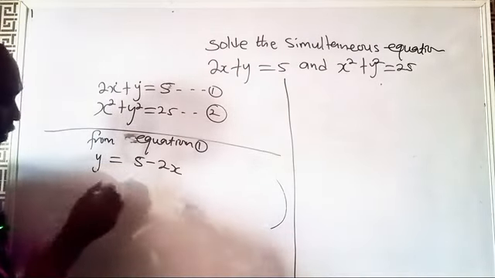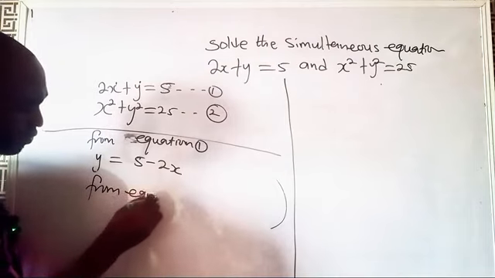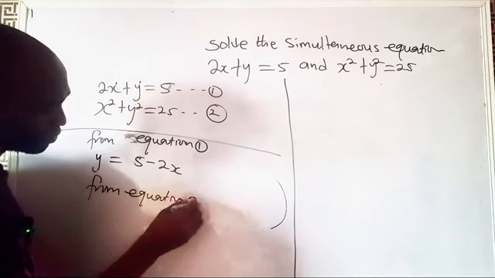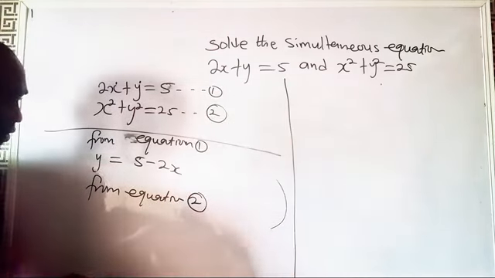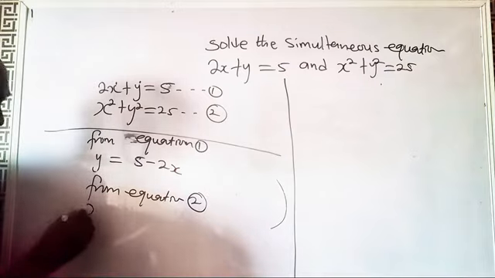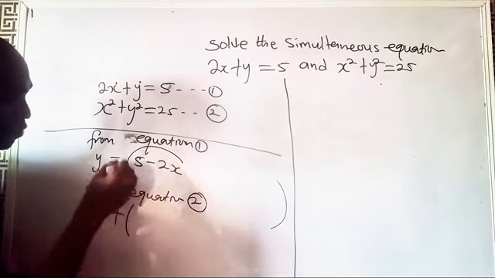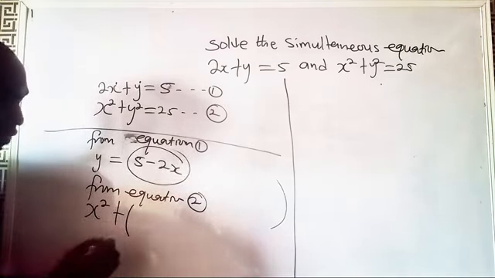So from equation 2, we have that x squared plus, so bracket open, we are going to put the value of y wherever we see y.